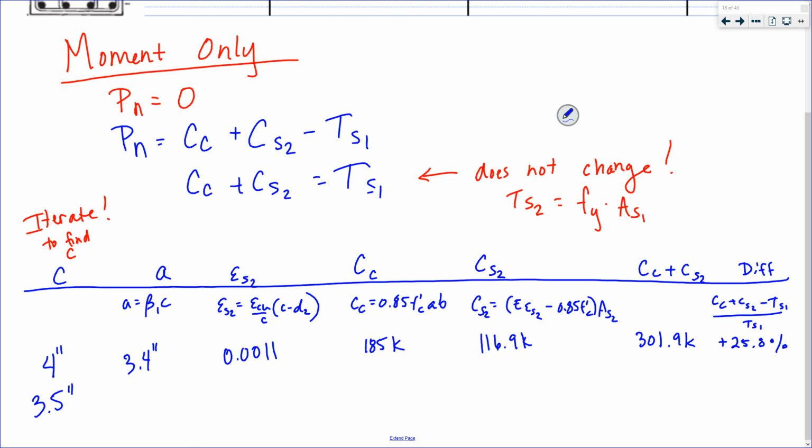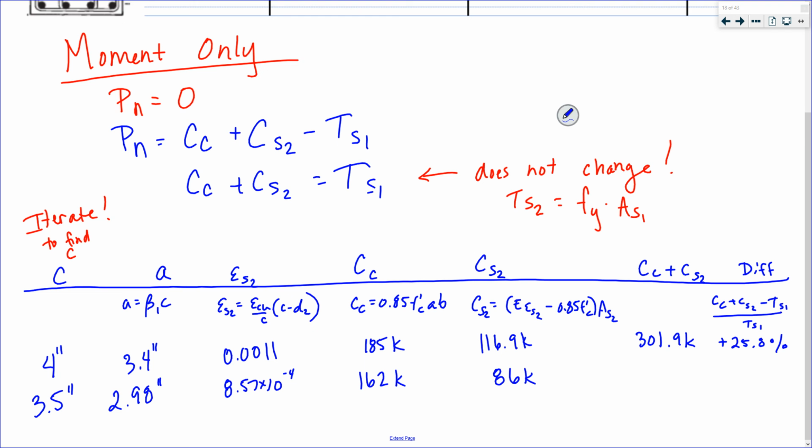Gives me an A of 2.98 inches, a strain of 8.57 times 10 to the minus 4th, a C sub C of 162 kips, and C sub S2 of 86 kips.